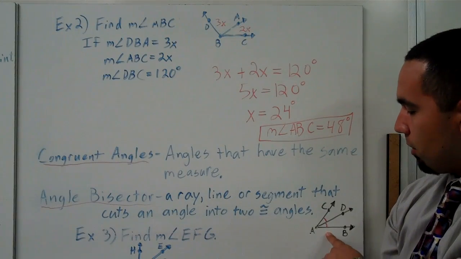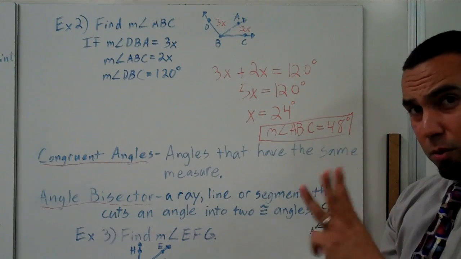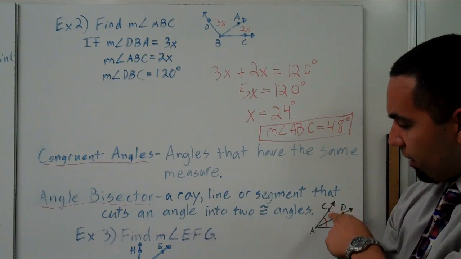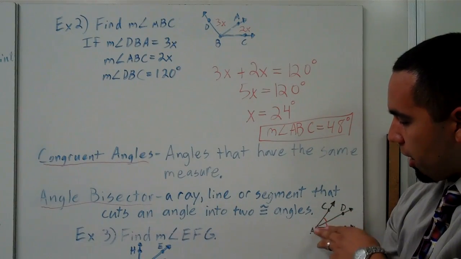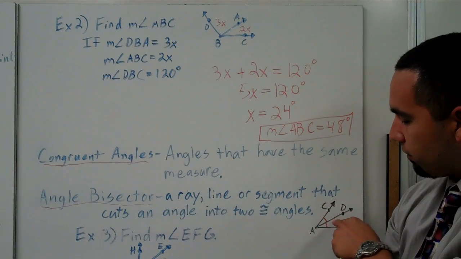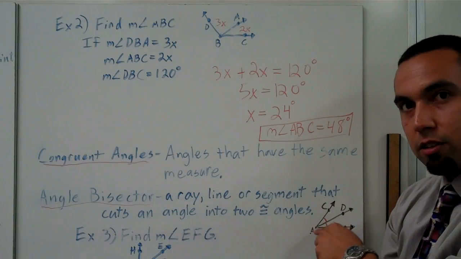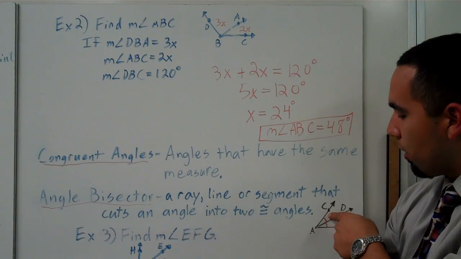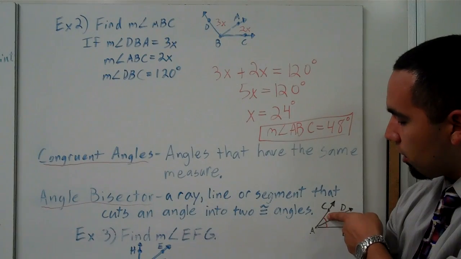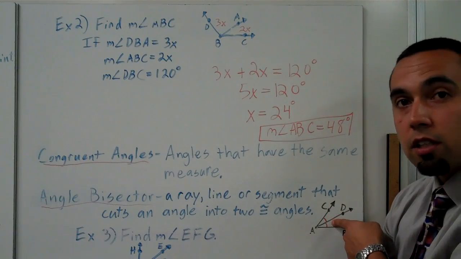If you look at our diagram here, I have, again, 3 angles. I have angle CAB, the large angle, and it's being cut in half by this angle bisector, AD. We always show congruent angles with this little mark here. It's showing that they each have 1. That means that this angle is congruent to this angle.